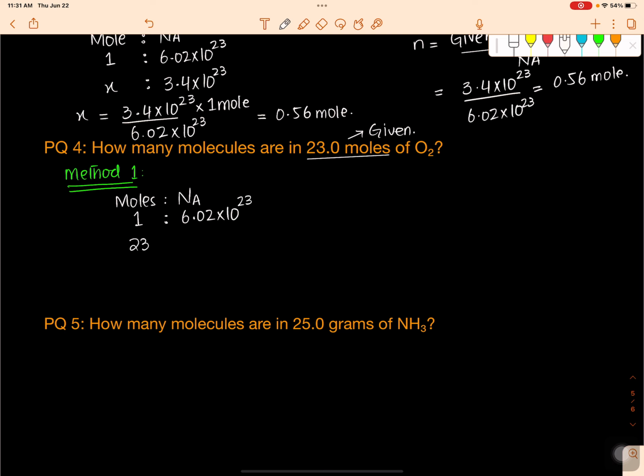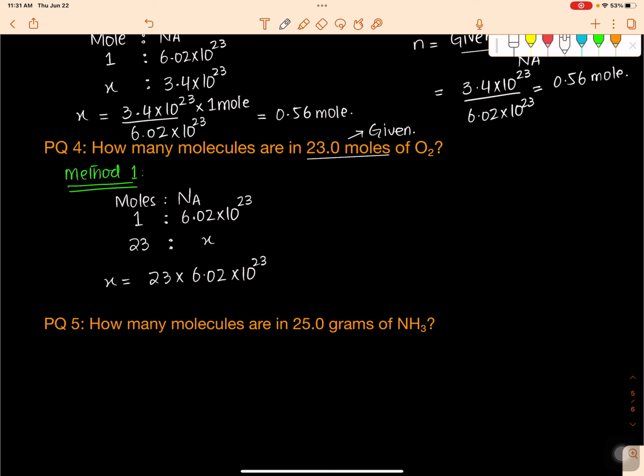So 23 moles will be how much? That is x. So x is equal to 23 times 6.02 times 10 power 23. That is why I was saying it becomes a multiplicative factor. And the answer is a very big number.